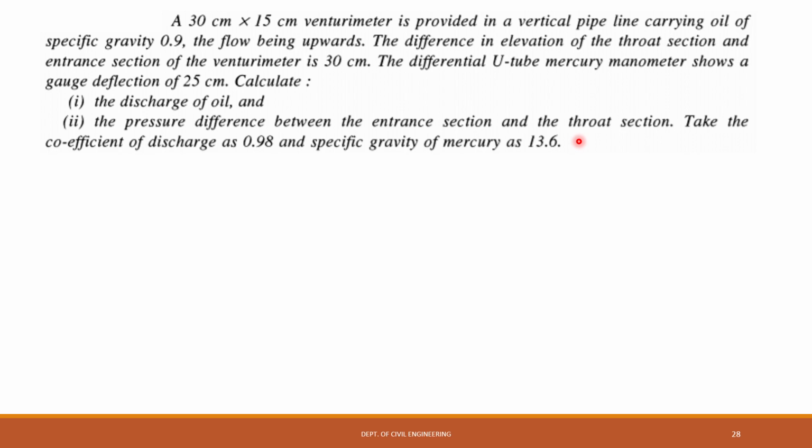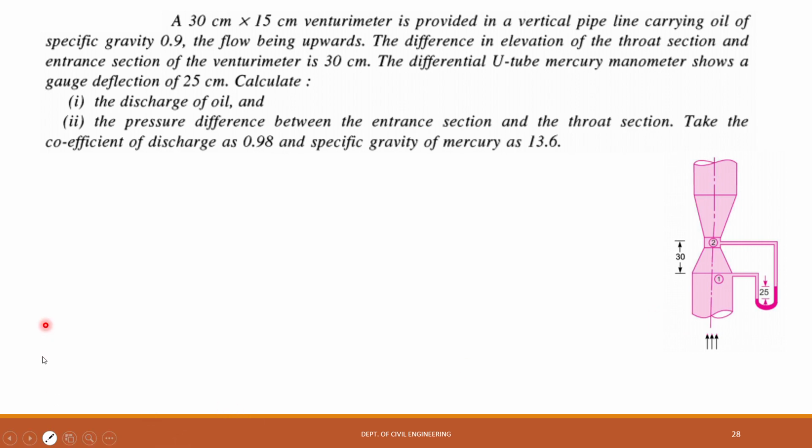Now this is the figure. So this is 30. Suppose you have a datum over here. We are considering a datum over here. So this value will be Z1 and this value will be Z2.